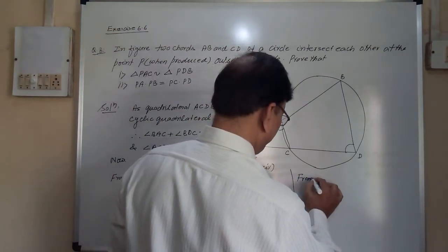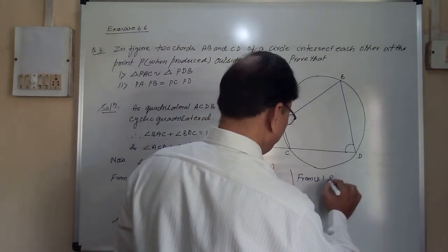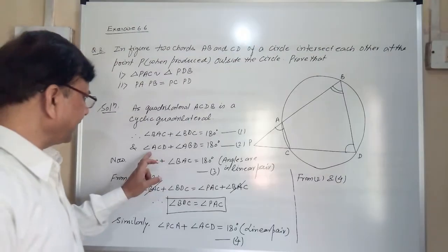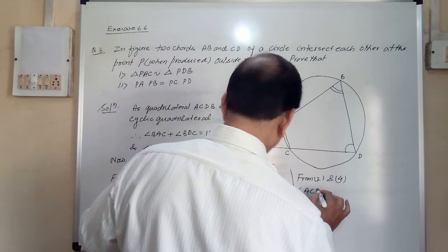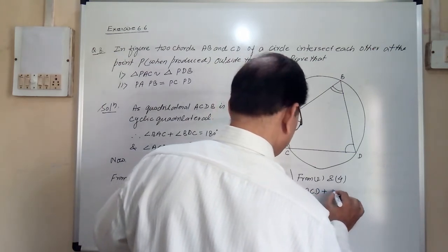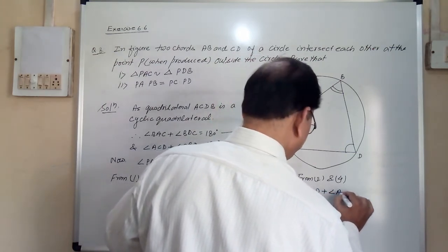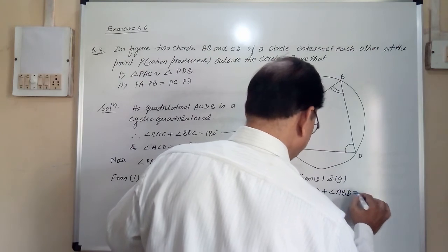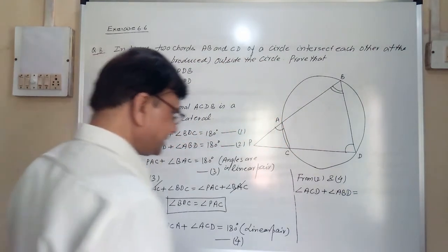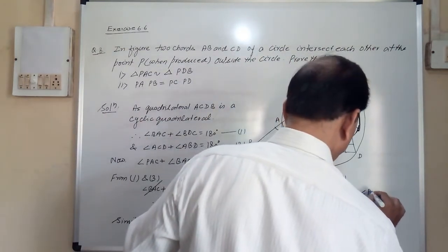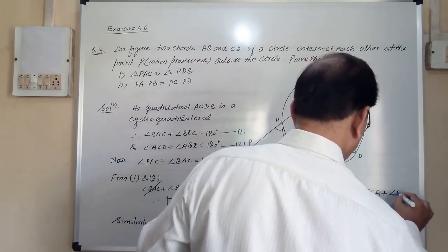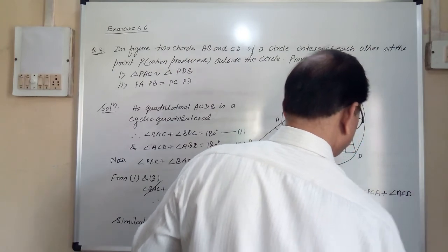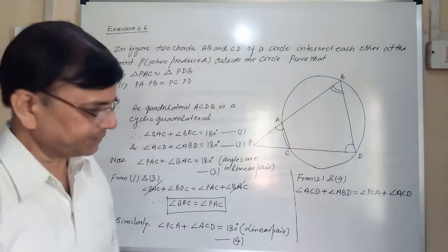From 2 and 4, we write angle ACD plus angle ABD is equal to angle PCA plus angle ACD. This relation we got.